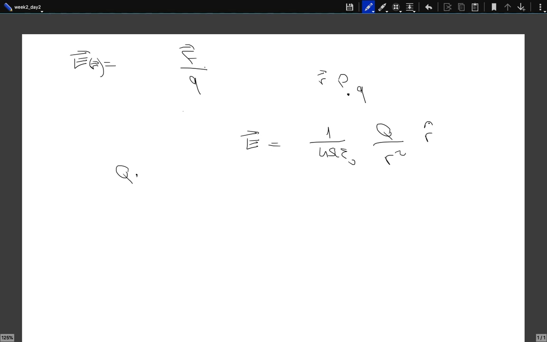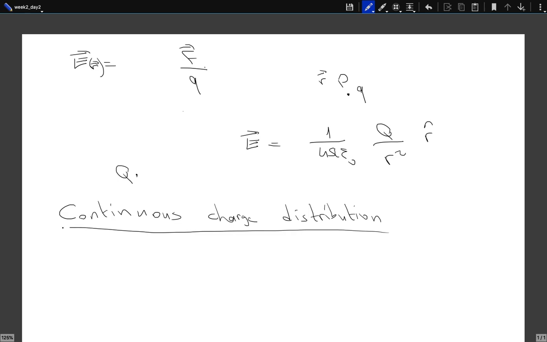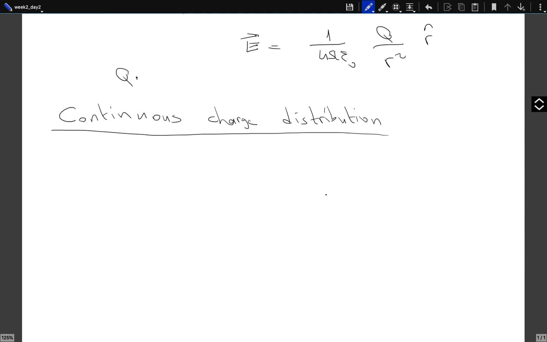And then we studied the continuous charge distributions. Well, we started studying them. We had this infinitely long wire problem with a linear charge density lambda. Lambda is just the charge per unit length.